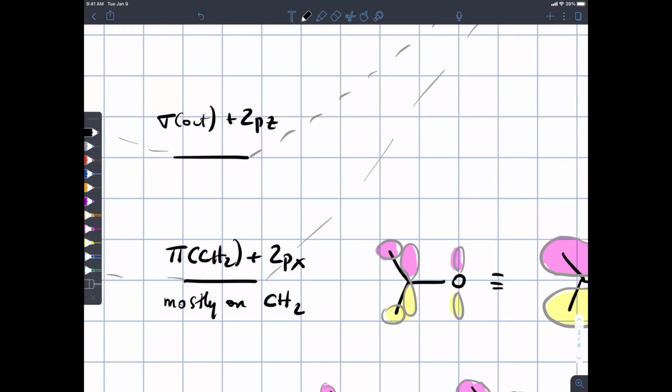To draw that combination, I might do so like this. I would show a large lobe in between the two nuclei. Oops, I wanted some yellow there.